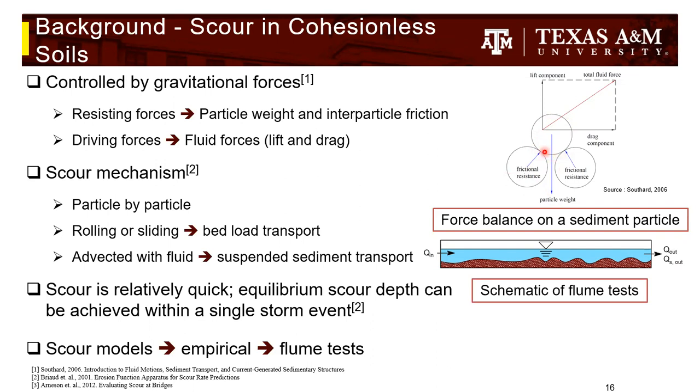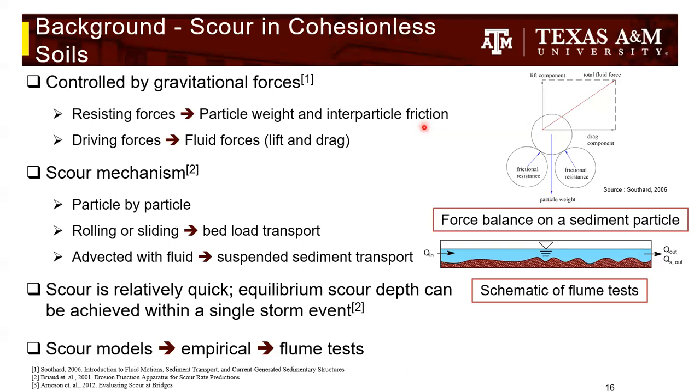When this particle is sitting in the static condition, the particle weight is balanced by the reaction force from the two surrounding particles. Now, for the cohesionless soil, the resisting force, like I mentioned, is mostly the particle weight as well as the reaction force, which is the interparticle friction.